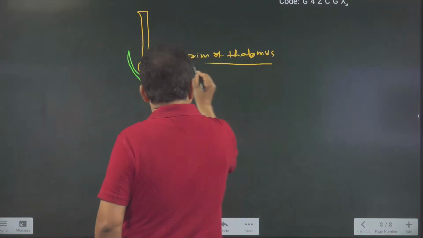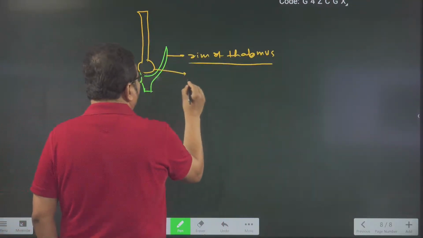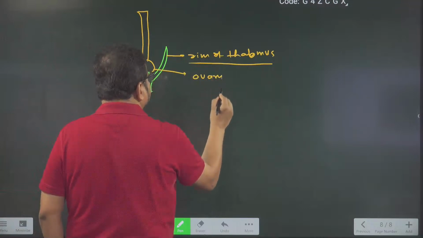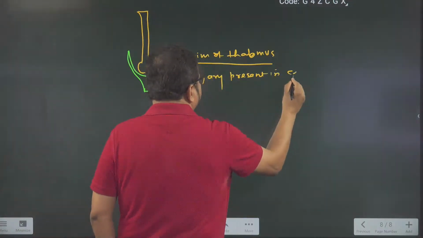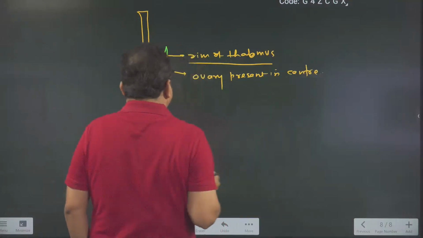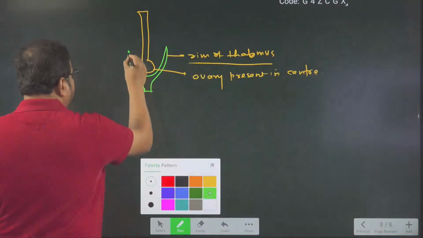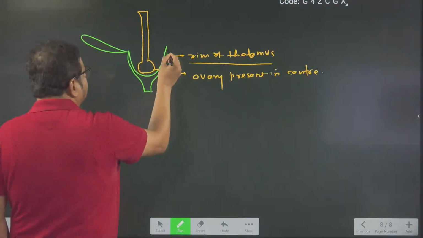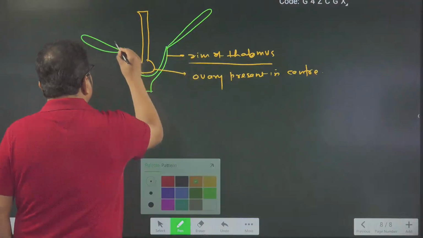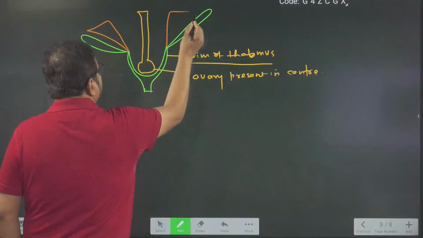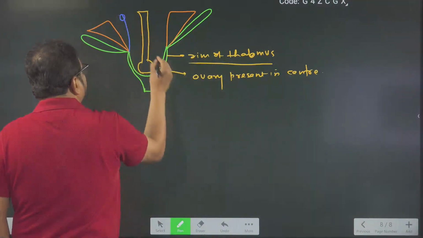This is the center of the thalamus. So what are you finding? Ovary is present in the center, and the remaining whorls. Suppose that here the calyx is arising. This one, assume, is the corolla. Then you can say the stamens are there.